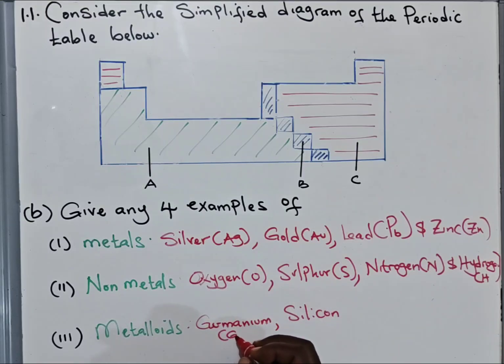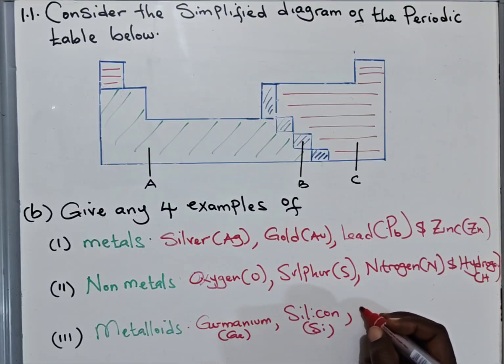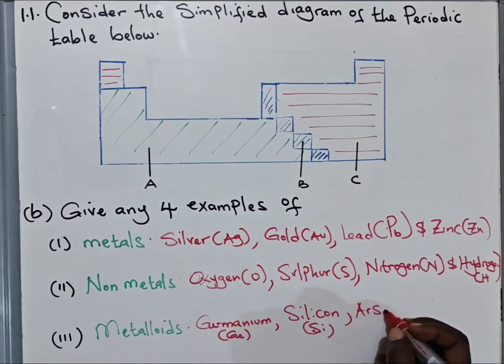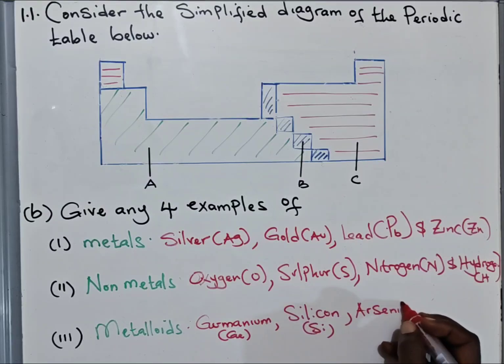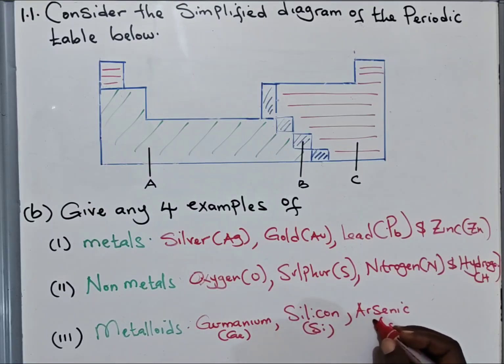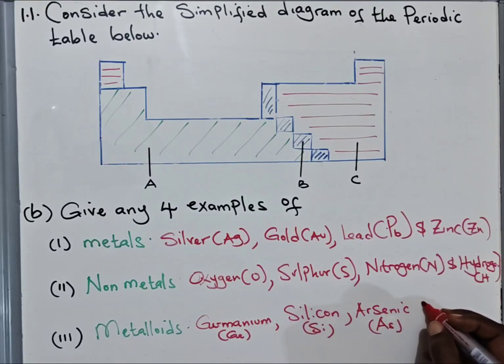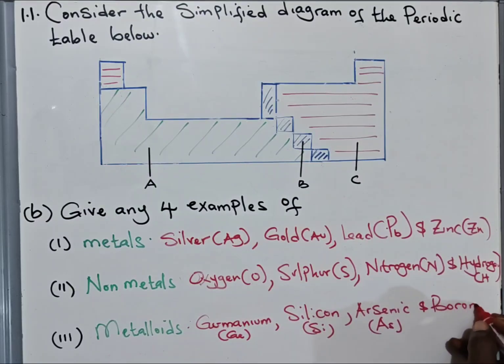Germanium is Ge, silicon is Si. We have arsenic, As, and boron, which is B.